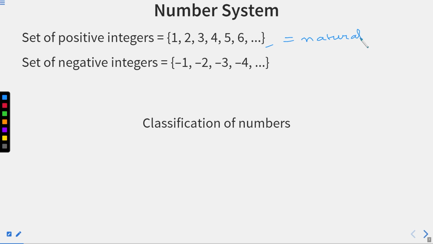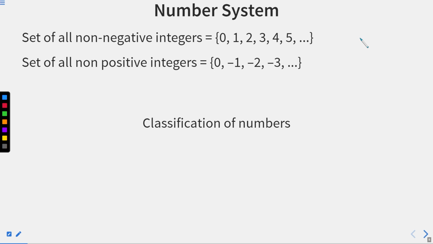And if I ask you about negative integers, then your answer should be -1, -2, -3, -4, and it goes on till minus infinity. So negative integers are nothing but the negatives of natural numbers, or natural numbers with a minus sign.